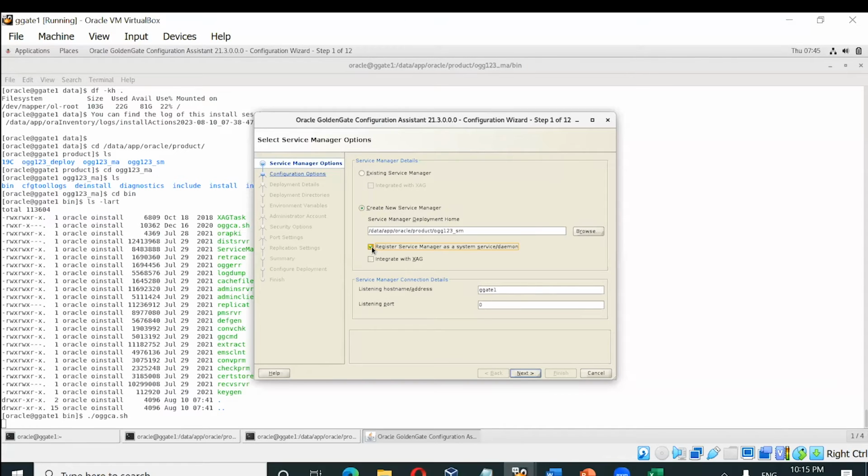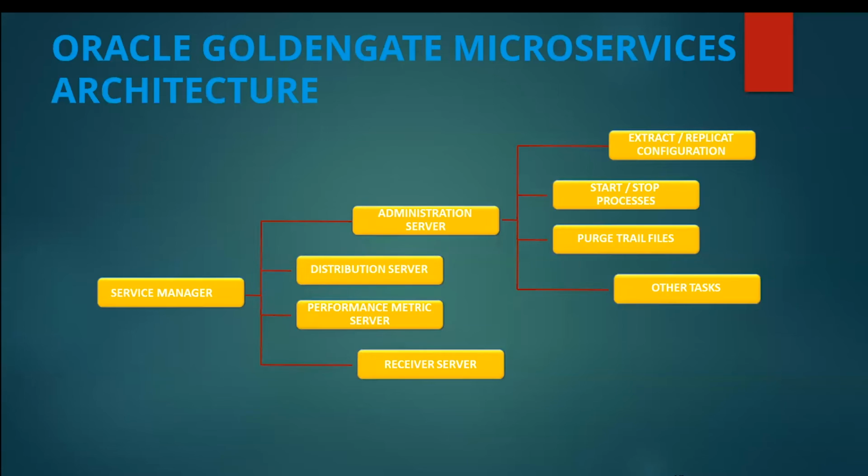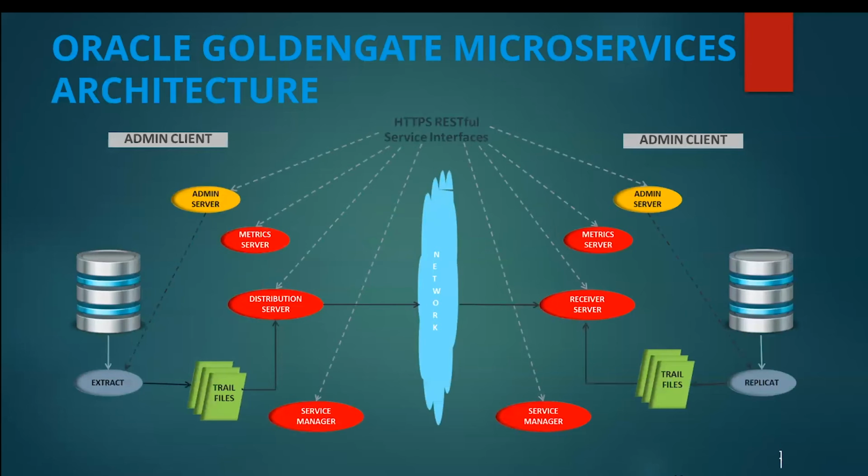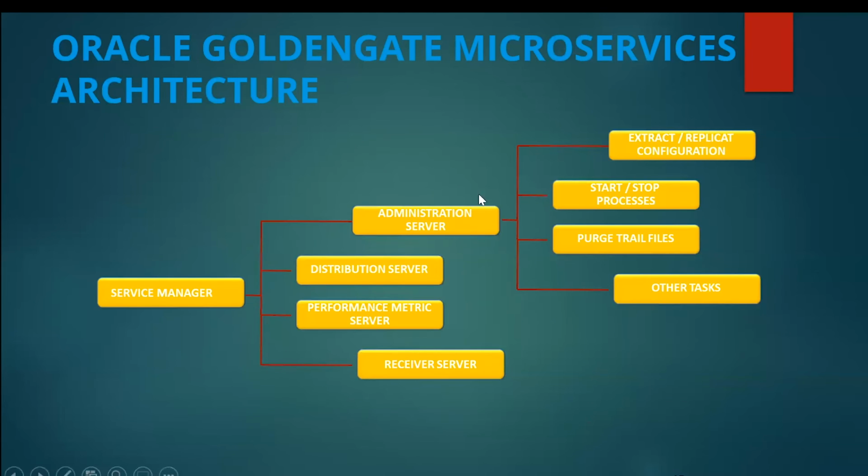Then you provide the listening host name or address. You can provide either the host name or IP address, whatever you want. And then you need to provide the listening port. All the services require a port to run on. The service manager requires a port to run on.